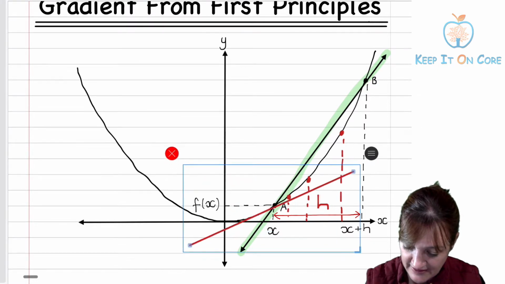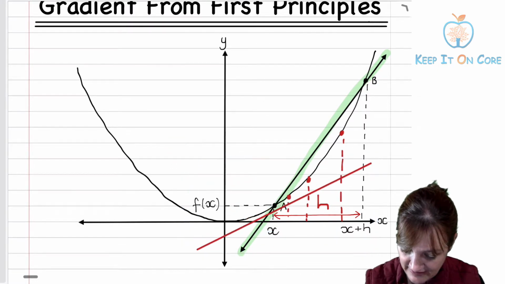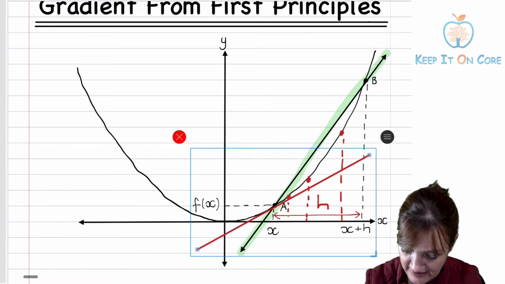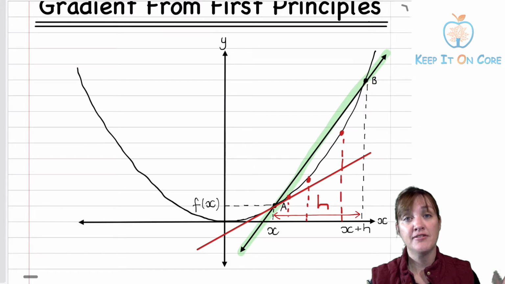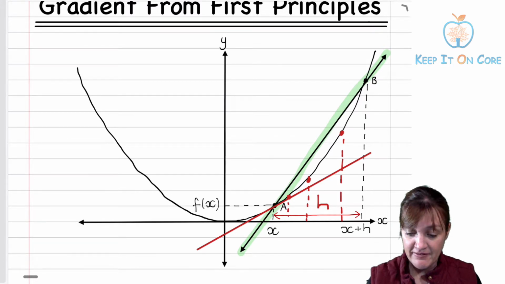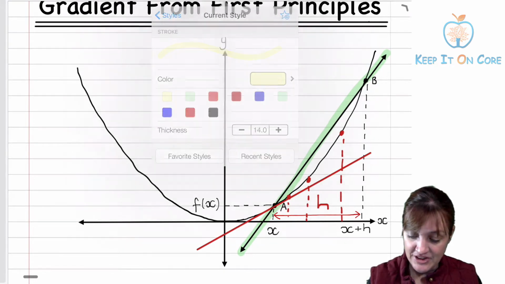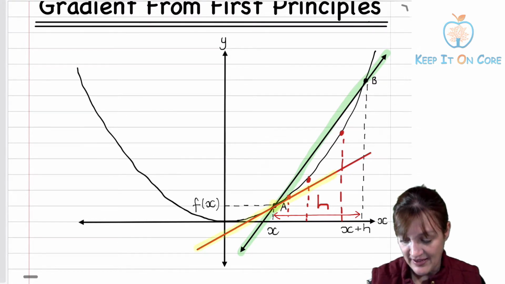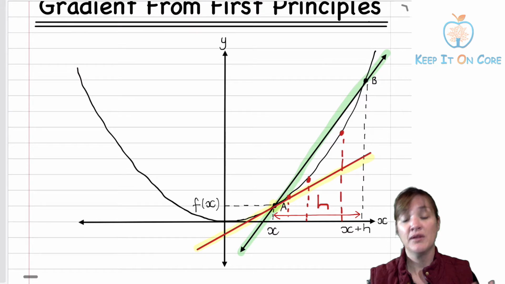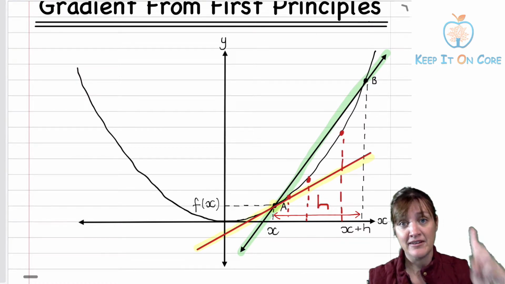Do you spot now that this line, let's get it nice and exact on there, is no longer passing through your graph at two separate points, but it's very specifically touching your graph at 1 point. So this line over here has a special name, and it's called a tangent. Okay, so a tangent is a line that touches a function at one specific spot.